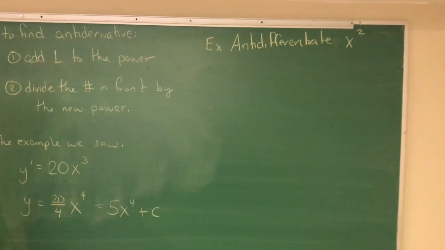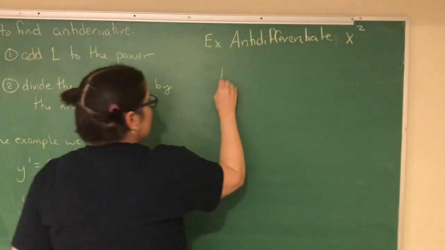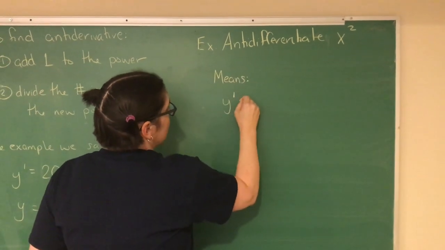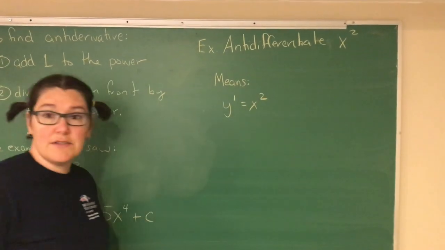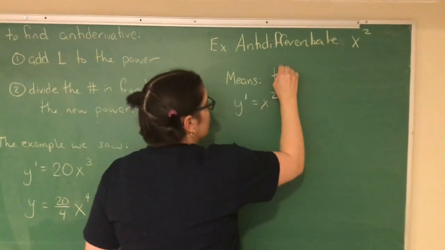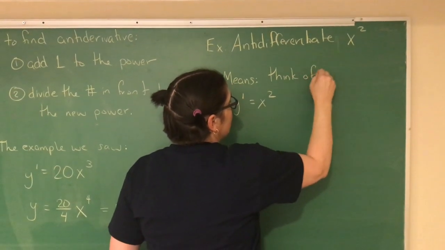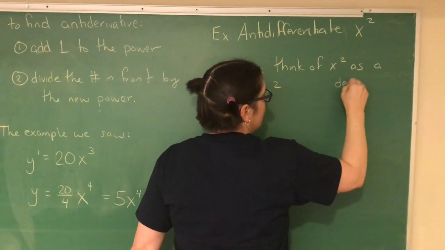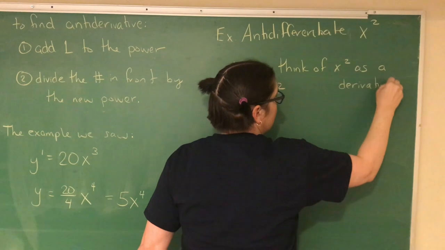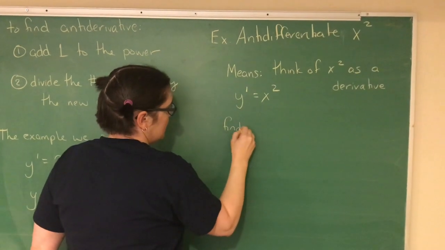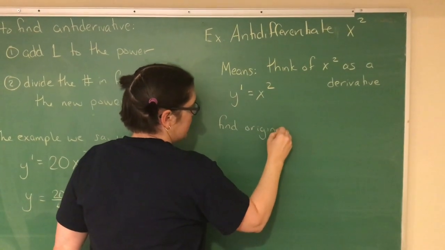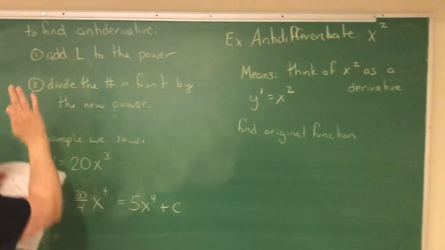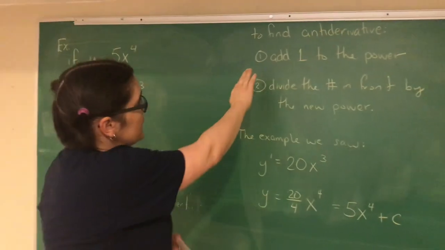Now, when I see that word anti-differentiate, what that means is that we want to think of that x squared as a derivative, and we want to find the original function. Okay, so according to our steps over here, the steps that we laid out.